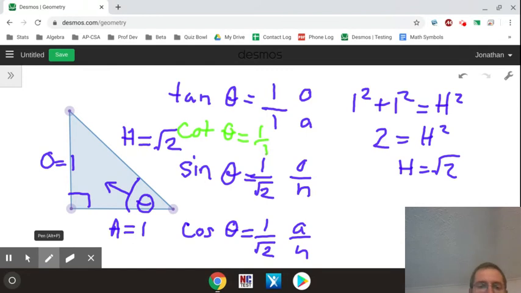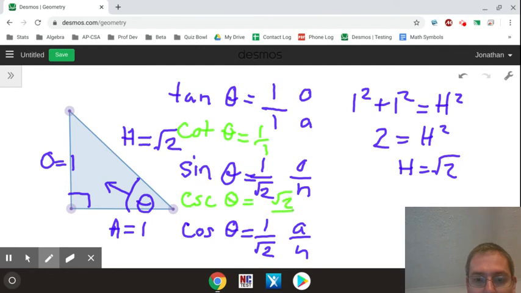Sine goes with cosecant because the one without a co, sine did not have a C, so it goes with the one with a C. Sine goes with cosecant, and I'm going to just flip it upside down. So that's going to be square root of 2 over 1.